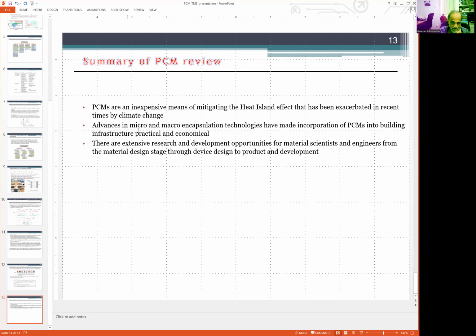Now, advances in micro and macro encapsulation techniques have made incorporation of PCM into building infrastructure practical and economical. Now, as I showed in the last chart, there are extensive research and development opportunities for material scientists and engineers from the material design stage through the device design to the product and development. Thank you.